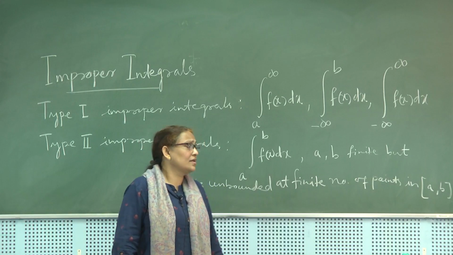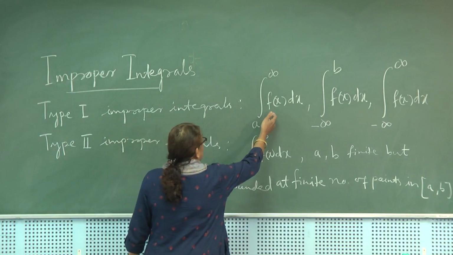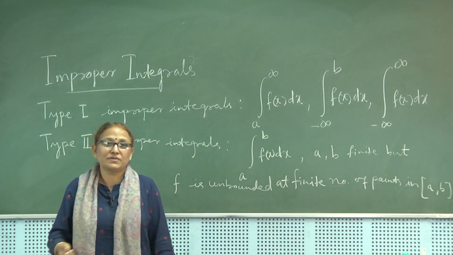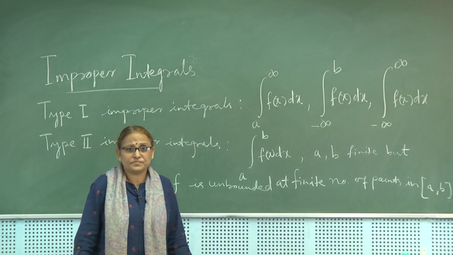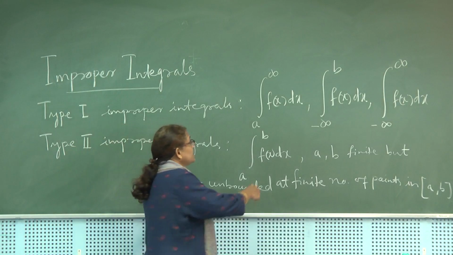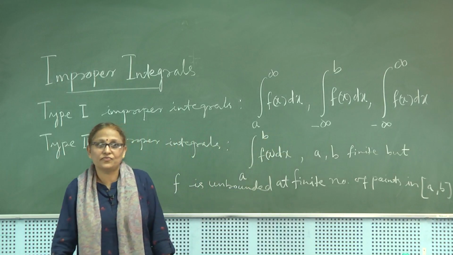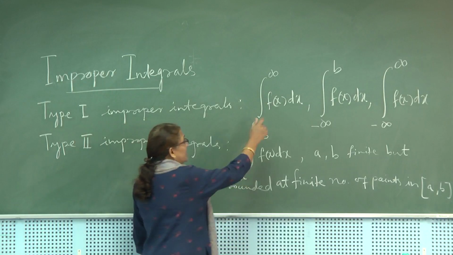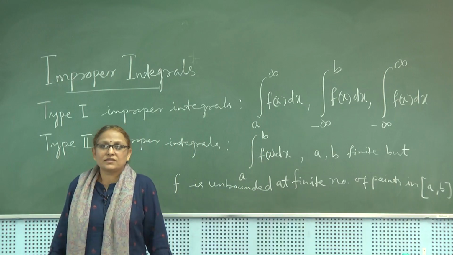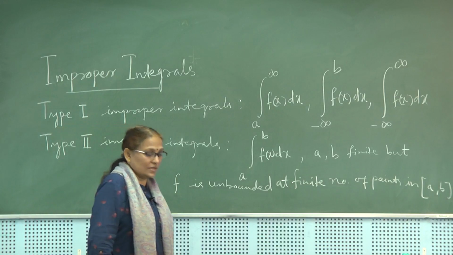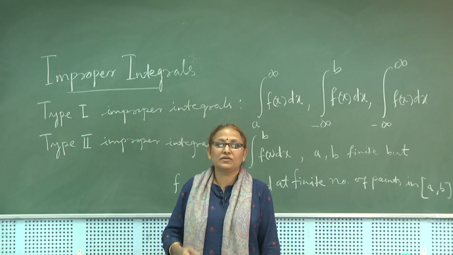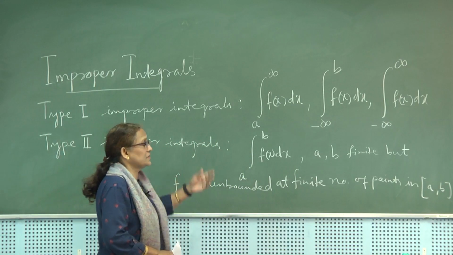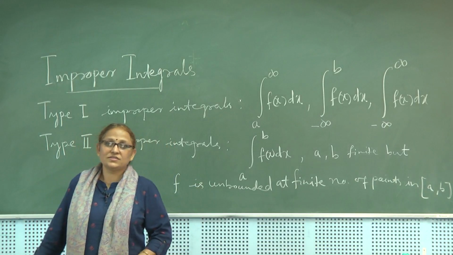Just recall the definition of this kind of improper integrals that we have given. From that definition we can test the convergence of the function, and if it is convergent, find the value of these improper integrals. But it may not be possible all the time to find the exact value of an improper integral by this direct method, even if that improper integral is convergent.